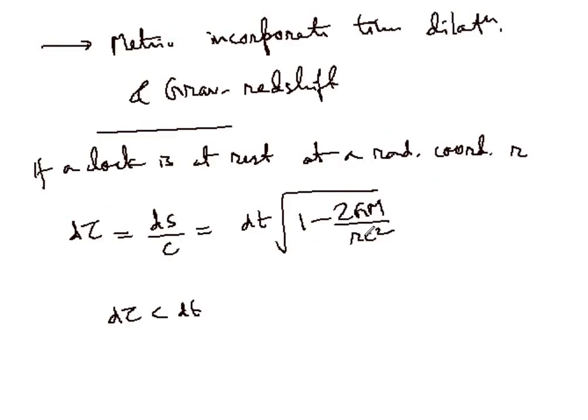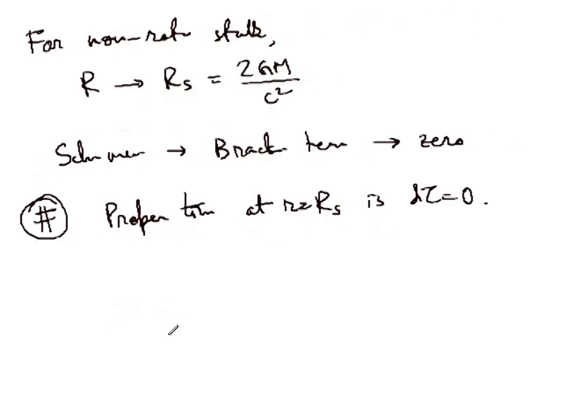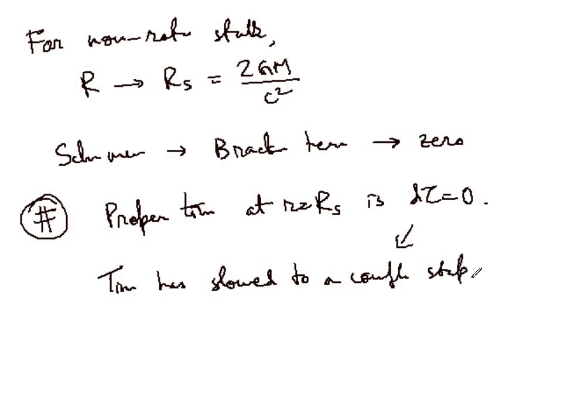From this expression it just becomes 1, so d tau is equal to 0. So what does this mean? This means that basically time has slowed to a complete stop as measured from our vantage point.